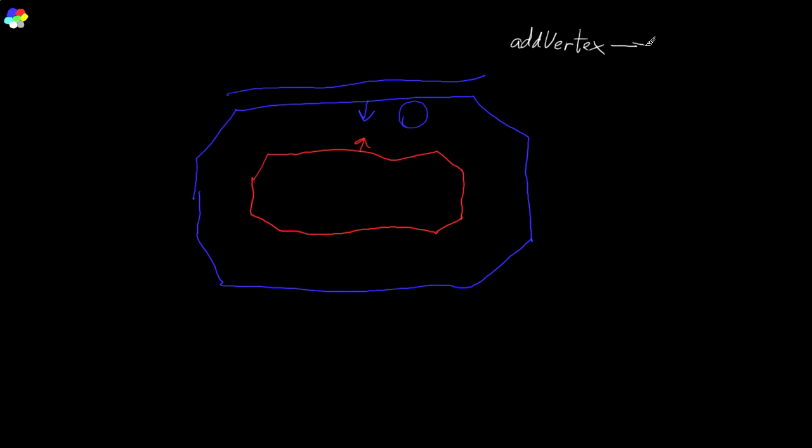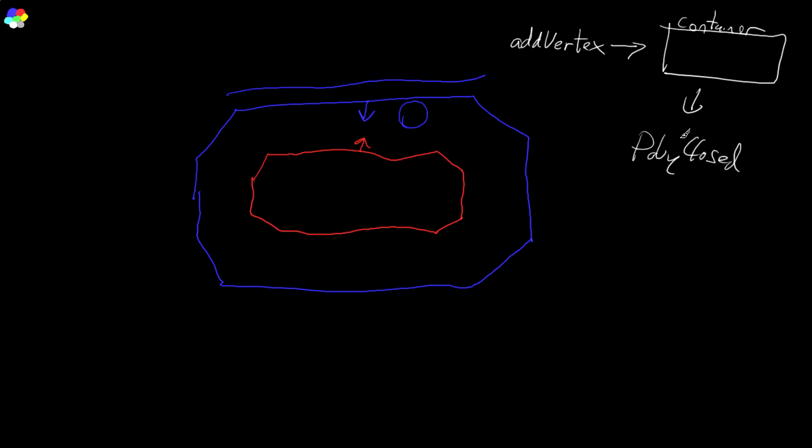And every time we get an add vertex, we just stuff a vertex into our container, which is a vector. And then at the end, we take that container and we empty it into a poly closed. And there you go, Bob's your uncle.